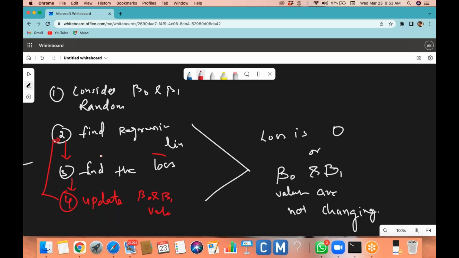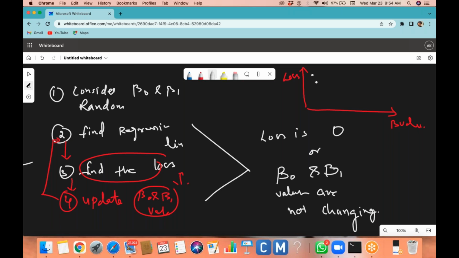In this situation, if I plot the loss for every beta naught and beta 1 value, how does it look? Let me consider this is my beta values and this is my loss. With respect to the beta values, you plot the loss.